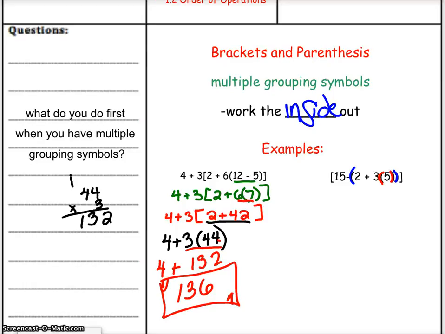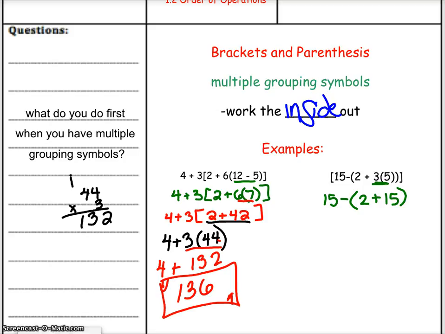Alright, inside out. So we start with 3 times 5, I would start with this. Okay, let me erase this. I'm going to start with this. So I'm going to get rid of my brackets because I don't need them. So it's going to be 15 minus 2 plus 15.